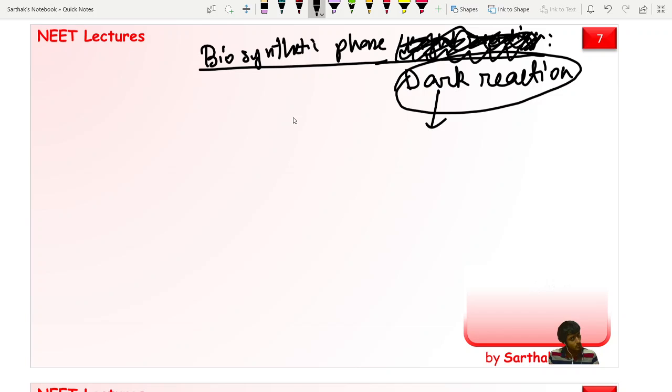In some books this is written as dark reaction, but dark reaction is not synonymous with the biosynthetic phase. Dark reaction would mean it happens only in dark, but the biosynthetic phase can happen in light and in dark.